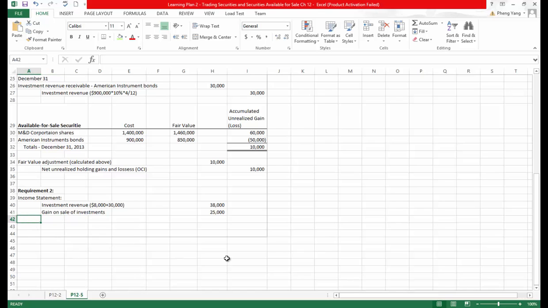And just to note that unlike for trading securities, unrealized holding gains and losses are not included in the income for securities available for sale.